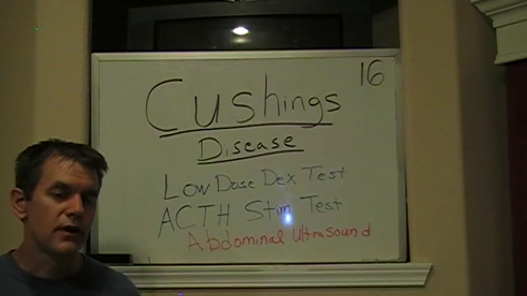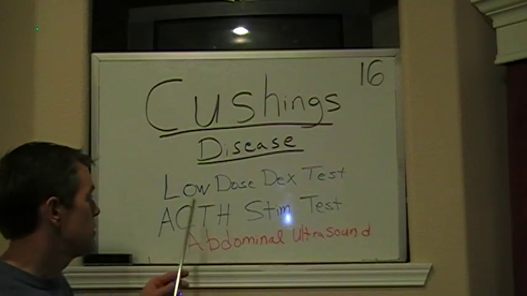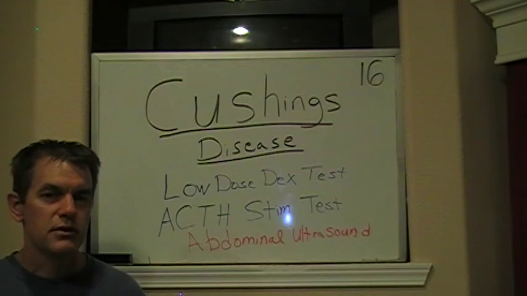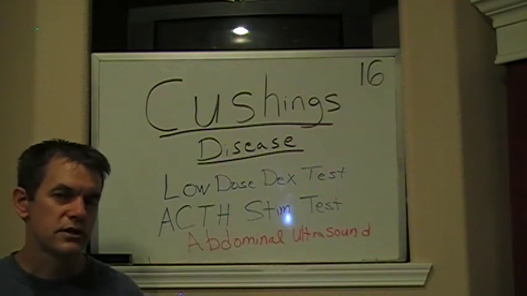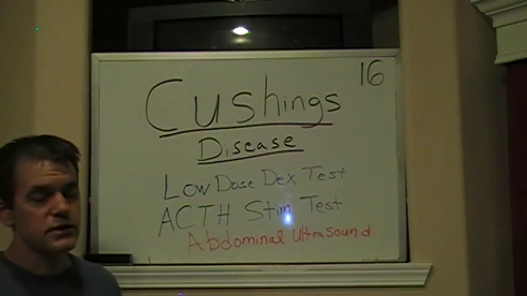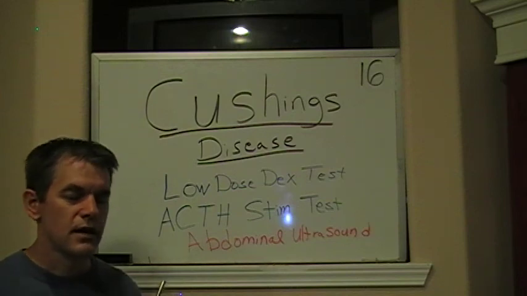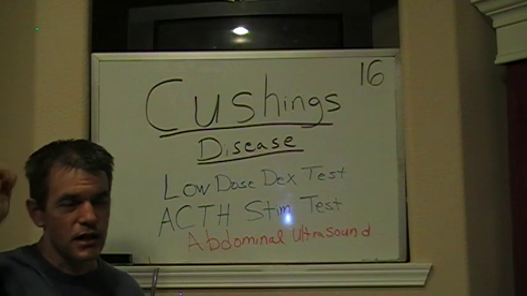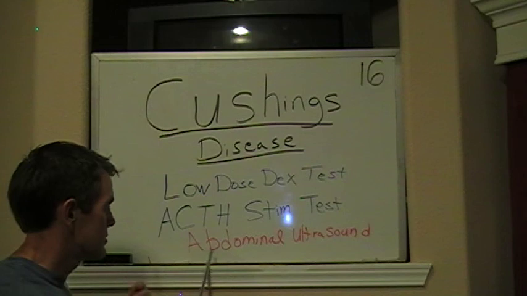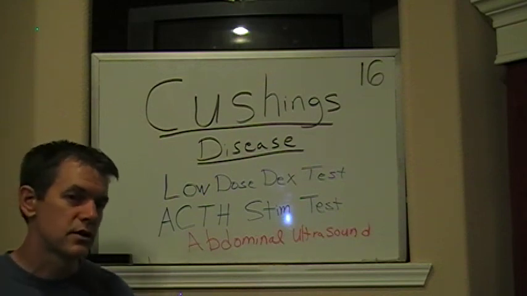Now there are pets that fall in the gray zone. There's about 1/3 of pets on average that these two tests will come up inconclusive, meaning there's not a true cut yes or no whether they have Cushing's disease or not. Or if we find out, as I talked about in the first discussion, that we can't prove that they have pituitary disease and we're unsure, then what we'll do is propose that we do an abdominal ultrasound, and then we'll physically look for the presence of an enlarged adrenal gland.